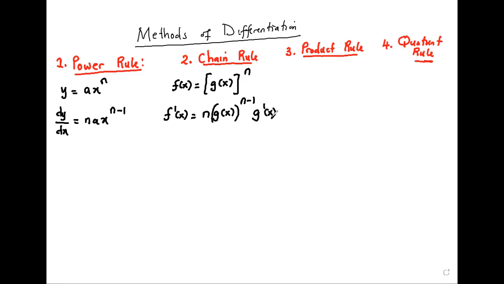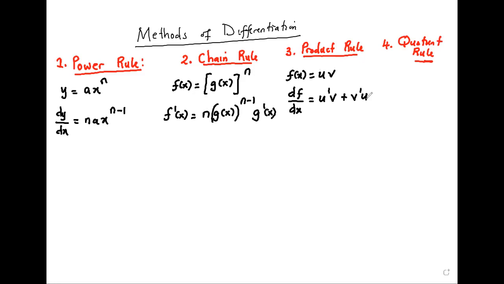Okay. And then the product rule, well, you have the function f of x being given as u multiplied by v, where u and v are functions just like where we used g. I could say g times h. Now to find the derivative df/dx, you differentiate u and then multiply by v, and then differentiate v, then multiply by u.